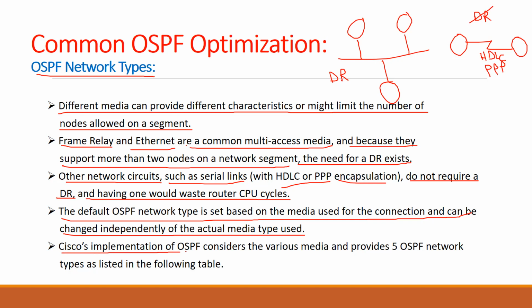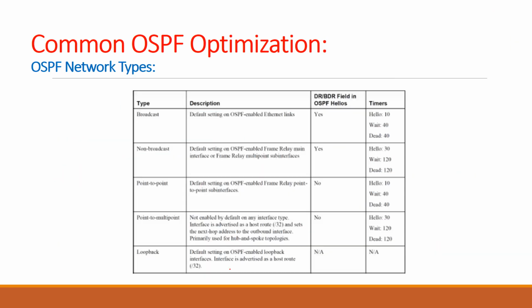Cisco's implementation of OSPF considers the various media and provides 5 OSPF network types as listed in the following table. The first type is broadcast, the second is non-broadcast, the third is point-to-point, the fourth is point-to-multipoint, and the fifth is loopback.